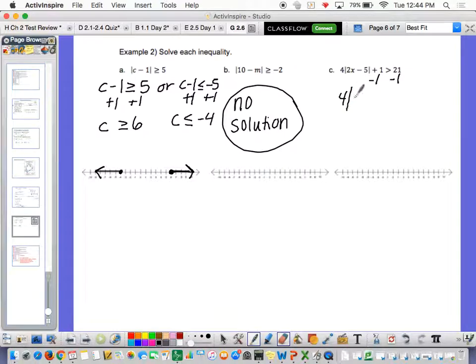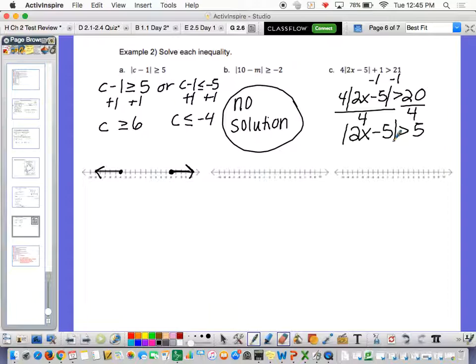So you've got 4 times the absolute value of 2x minus 5 is greater than 20, right? Okay. And then to get it by itself, we have to divide by 4. Please do not distribute inside of an absolute value. It makes me really sad. Okay, then you've got the absolute value of 2x minus 5 is greater than 5.